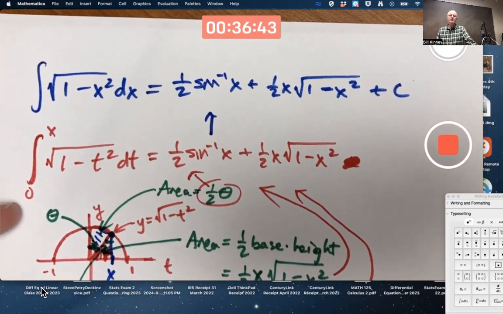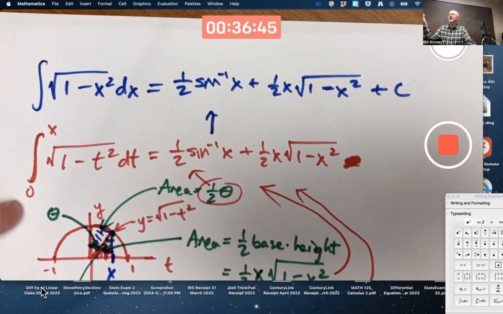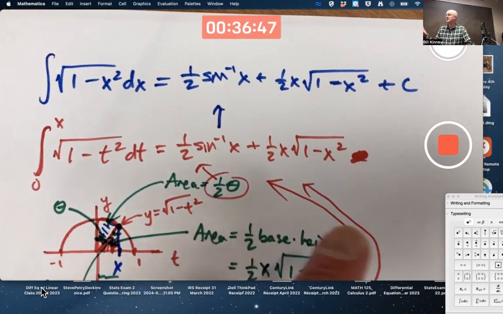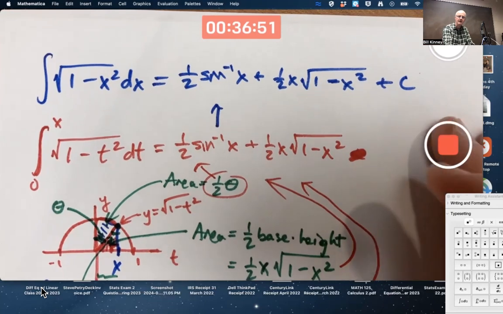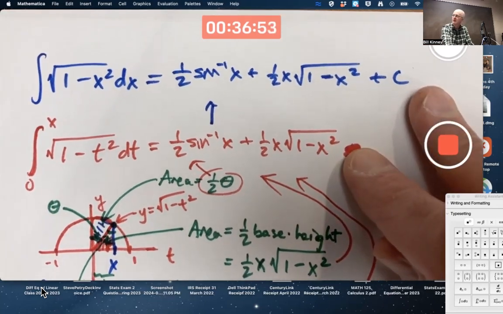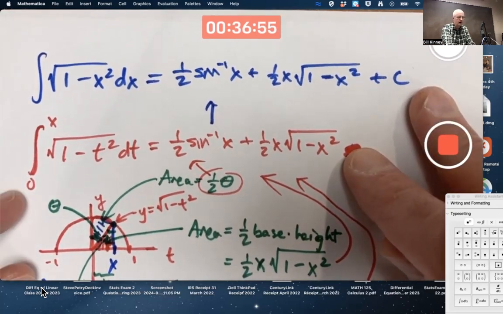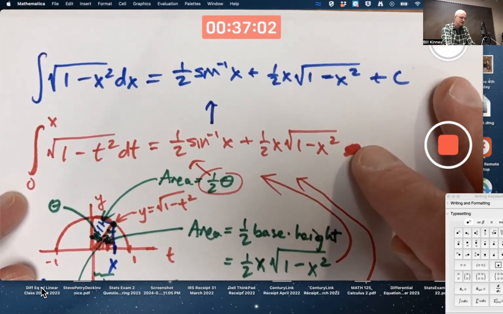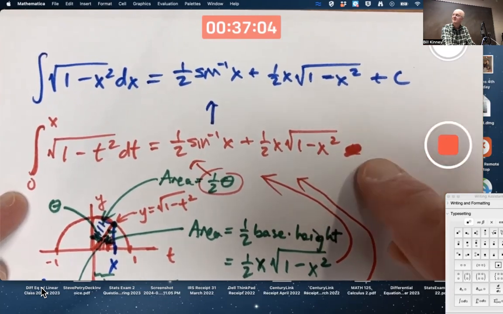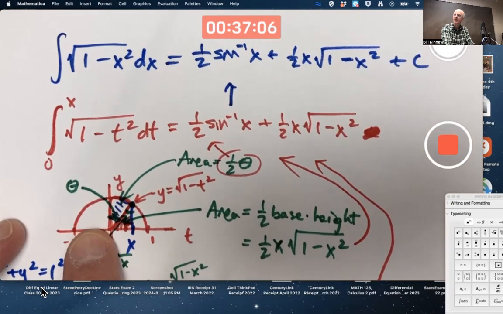If I picked a different lower limit of integration instead of 0, maybe I picked -1, I would get a different answer. It would be a different antiderivative, a different c, so to speak. These two match when c is 0. If I pick -1 there, actually, since the function value at -1 would be 0, I'd have to add pi over 4, I think, to this, because the area of this part of the circle would be pi over 4.